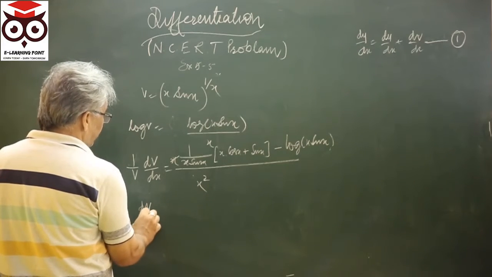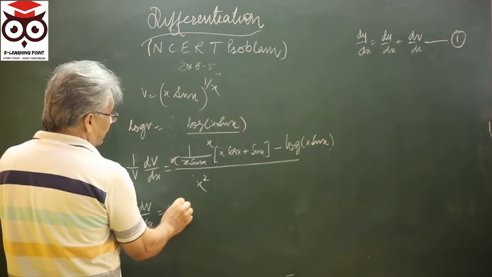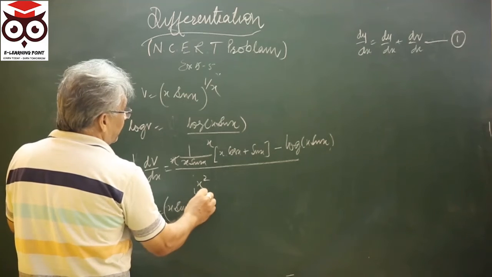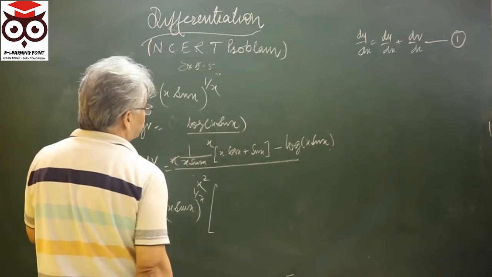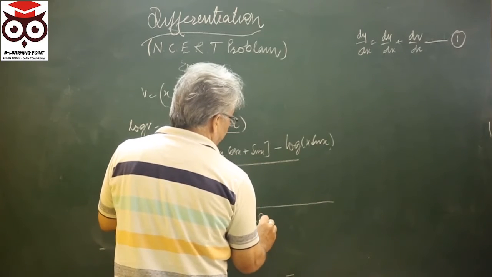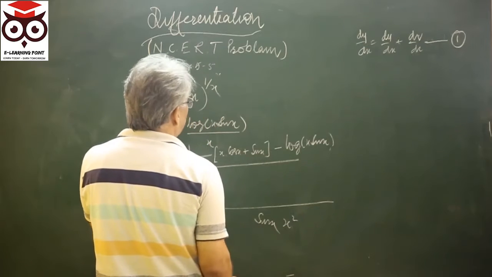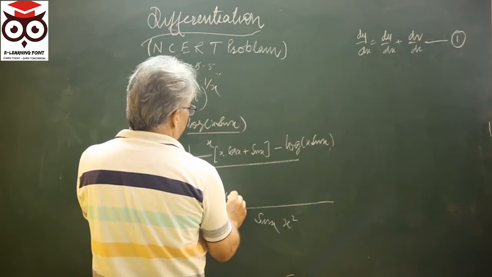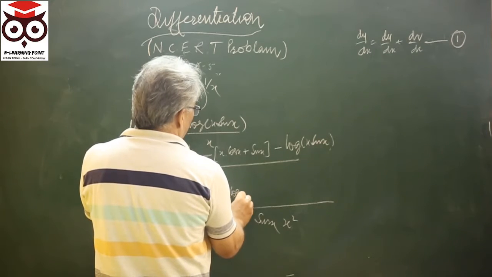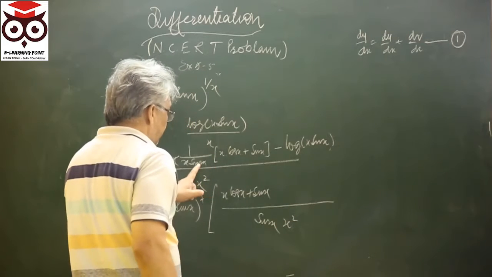Now I will simplify it. This is dv by dx. v आपका यहाँ आ जाएगा, तो हम इसको लिख सकते हैं sin x to the power 1 by x. तो here is LCM sin x, right? x square as it is remains same, so this can be written down as x cos x plus sin x, right?